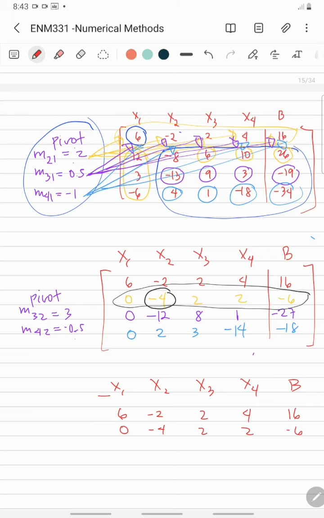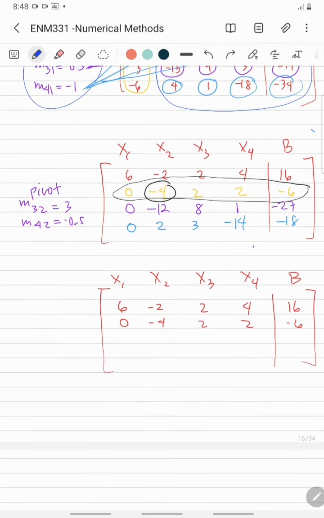Okay, we have here that is equal to 0. Then for the second element of the third row, that is negative 12 minus 3 times negative 4. So that is equal to 0.